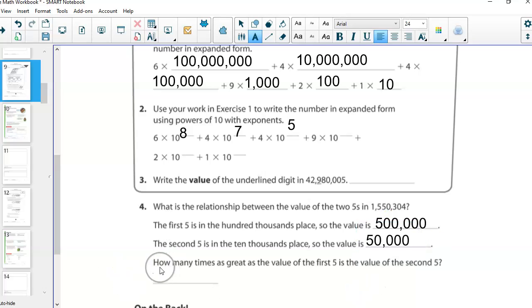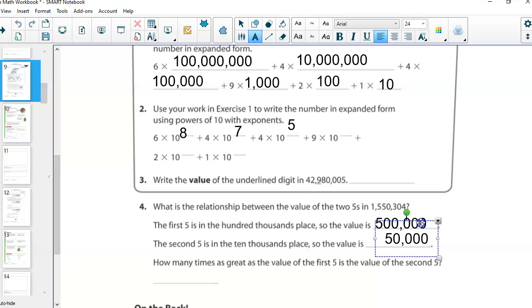So now we're looking at how the value of the first 5 and the value of the second 5 compare. How many times greater is 500,000 than 50,000? Basically, we're going to see how many place values apart they are.